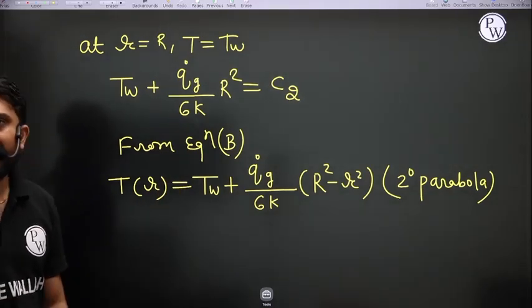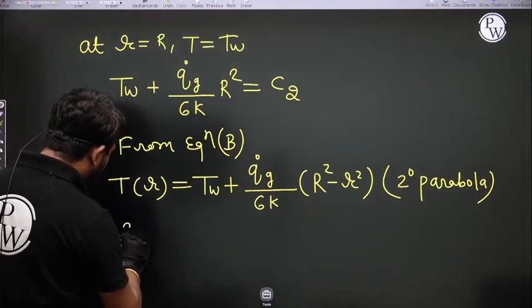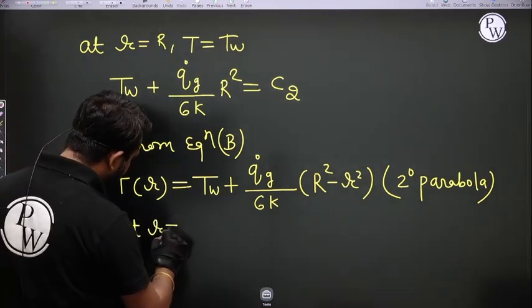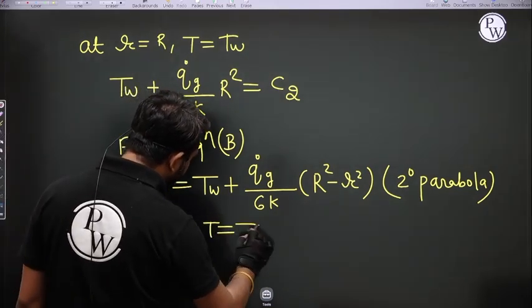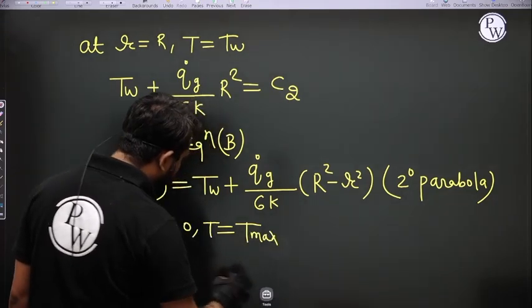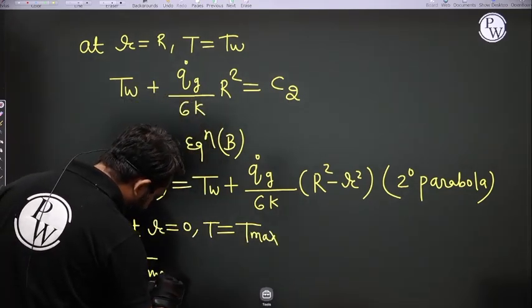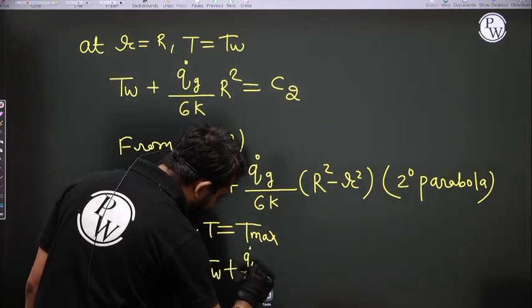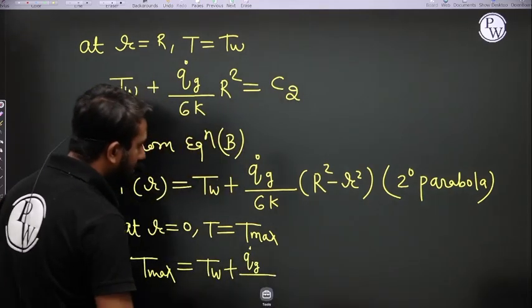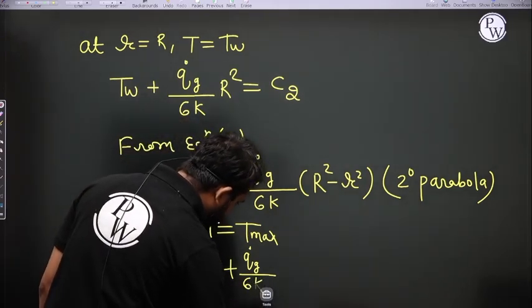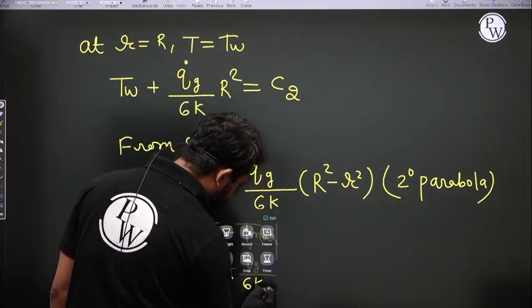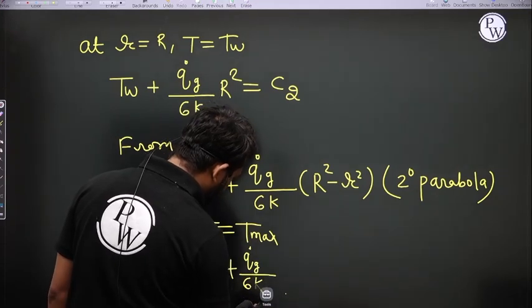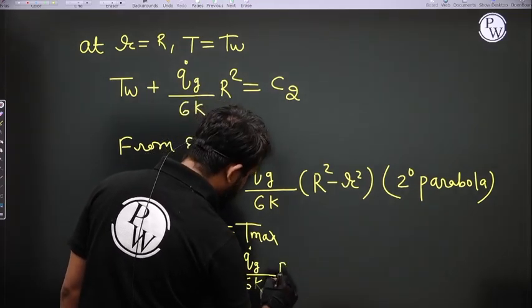Right, and where the maximum temperature you are getting? At R is equal to 0, the T becomes T max. So what is the T max? The T max is equal to TW plus Q dot G by 6K R square.